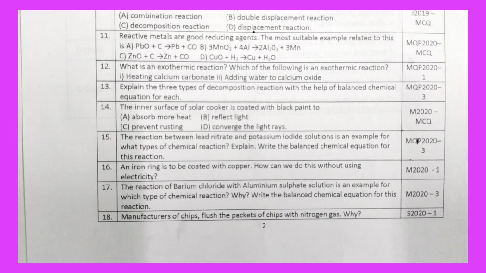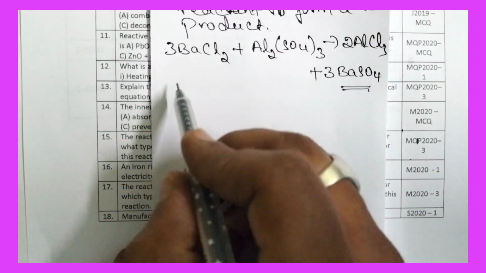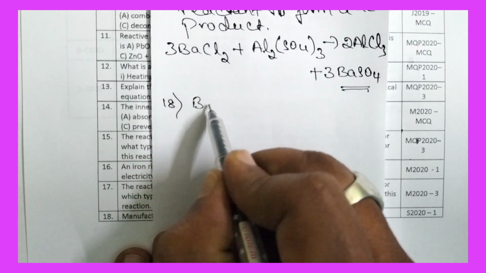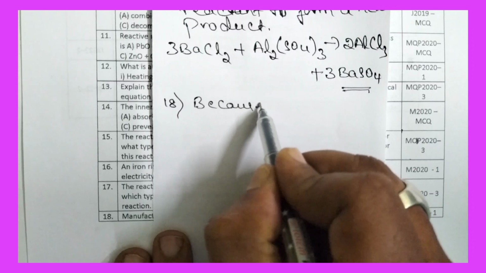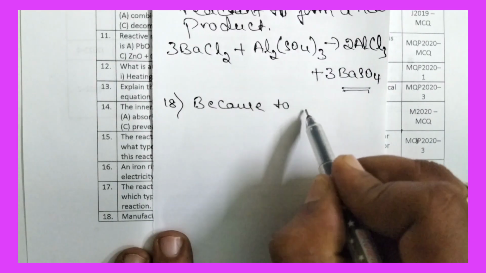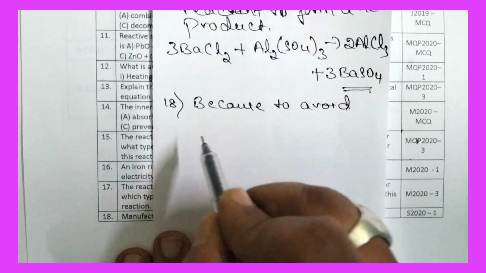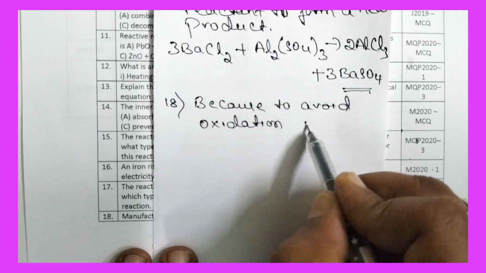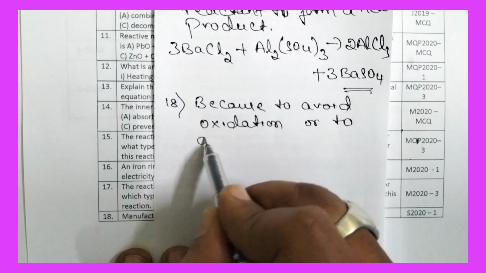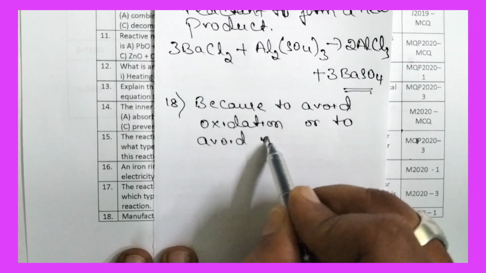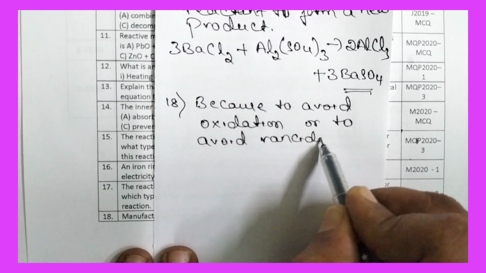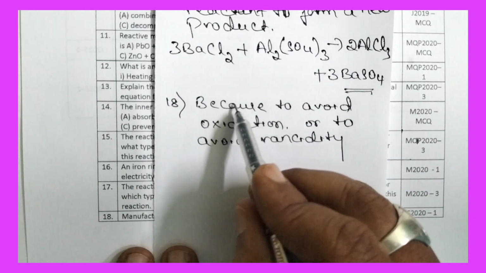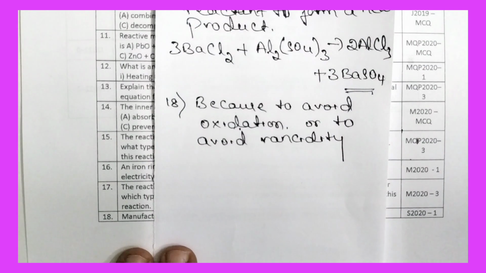So 1 mark question ಆಗಿರೋದ್ರಿಂದ, now for the 18th question, let us answer: because to avoid oxidation, ಅಂತನಾದ್ರೂ ಬರೀಬೋದು, or to avoid rancidity. ಎರಡರಲ್ಲಿ ಯಾವ್ದು ಬರೆದ್ರು you will get the marks.